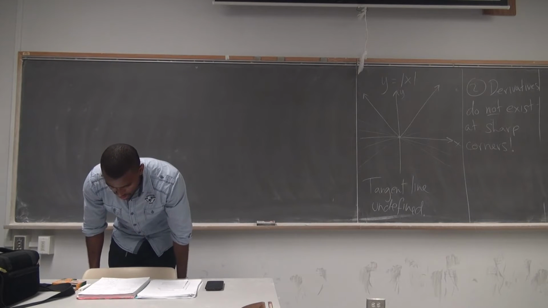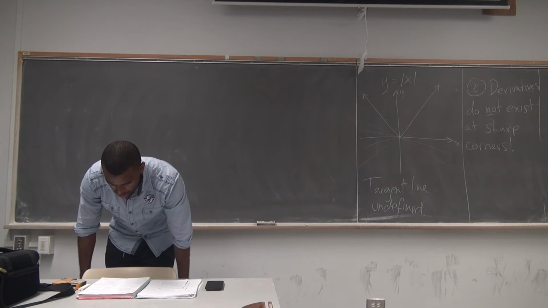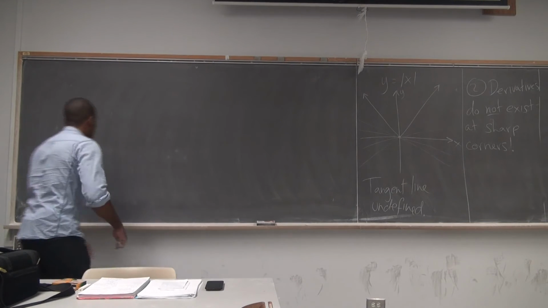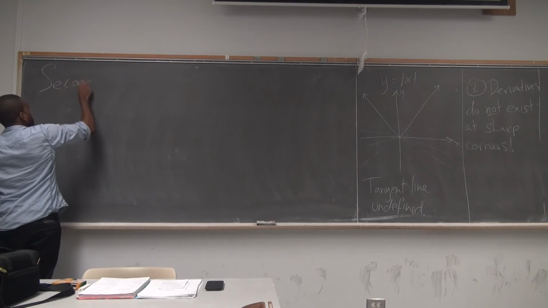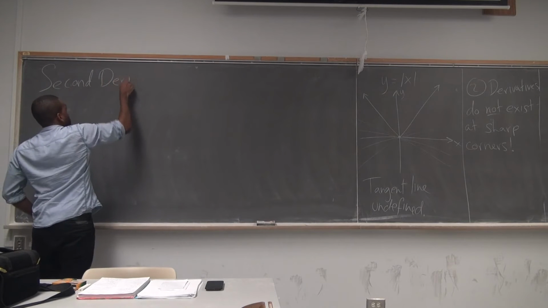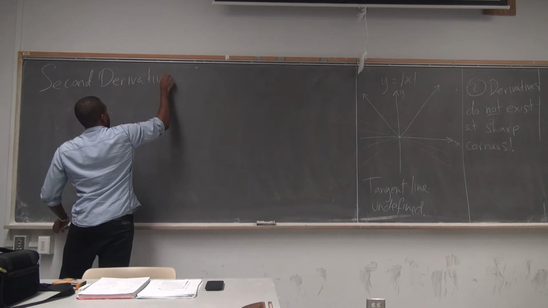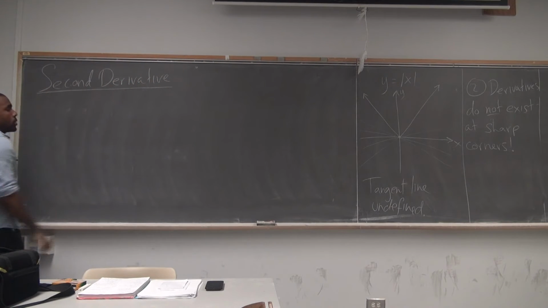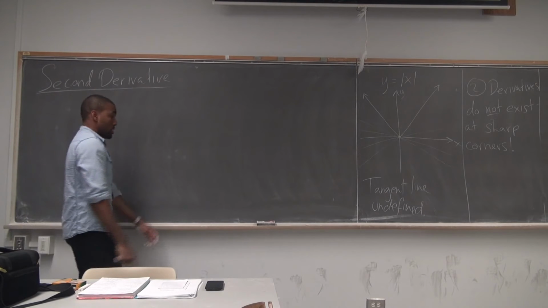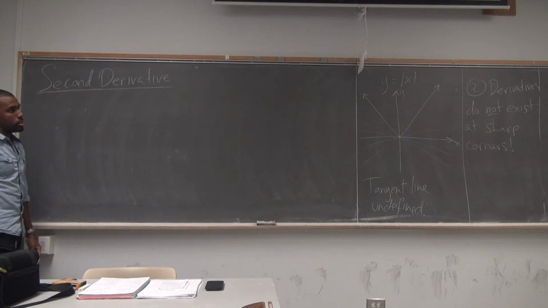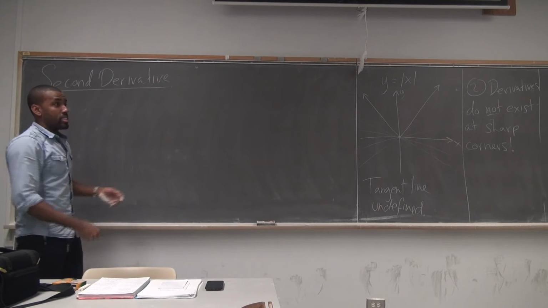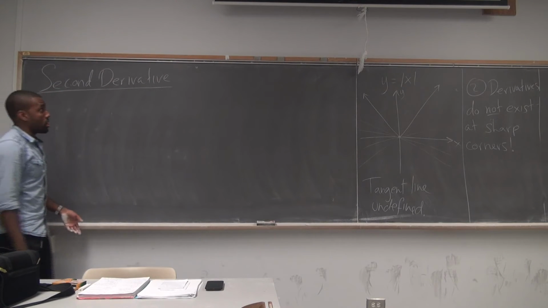Now let's talk about something else that has a lot of meaning to us, as the derivative does. Let's talk about the second derivative. You saw in the physics part that the second derivative had meaning. It meant acceleration, right? The second derivative is very meaningful in other contexts as well.